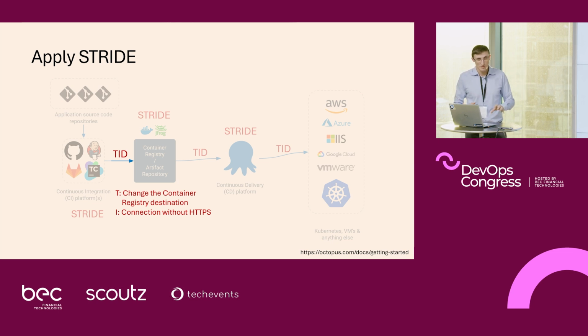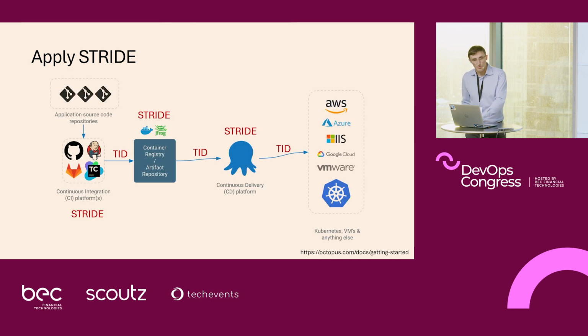For example, when transferring artifacts from continuous integration to our container registry, we could think about a tampering threat, like changing the container registry destination in some tool. Or using a connection without HTTPS, so it could potentially be hijacked or modified in some way.